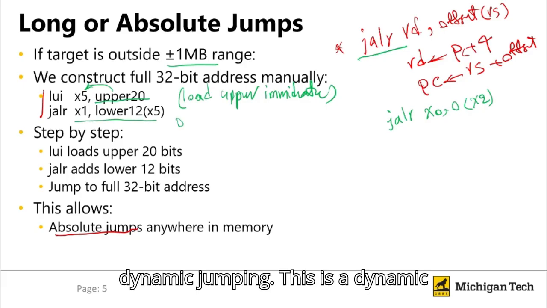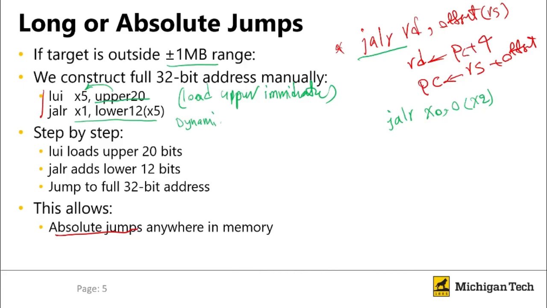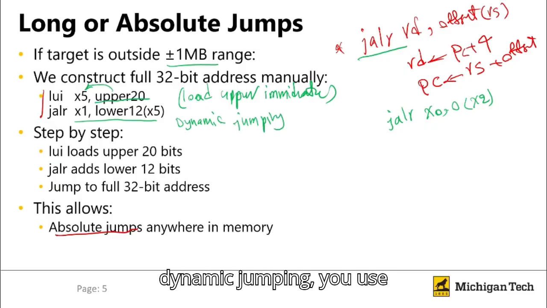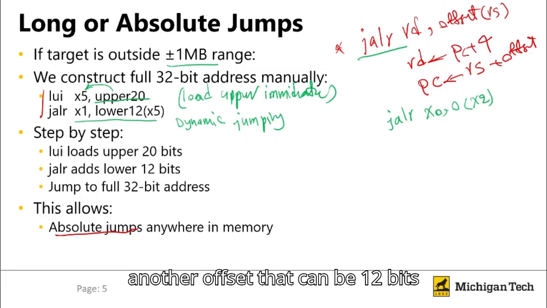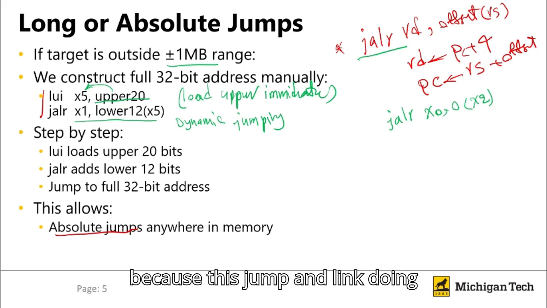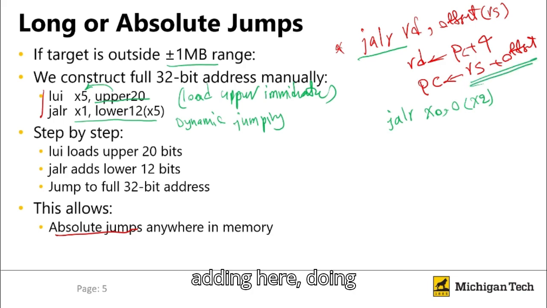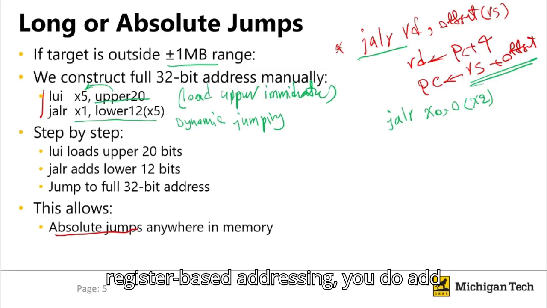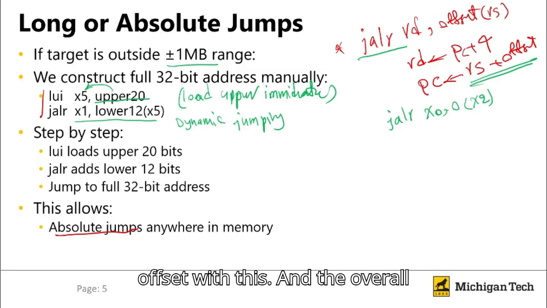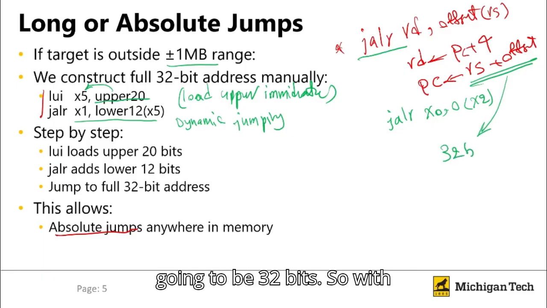This is dynamic jumping. You use 20 bits in X5 and another offset that can be 12 bits in the lower part, and in addition, because this jump and link is doing register based addressing, you add the offset with this, and the overall is going to be 32 bits.